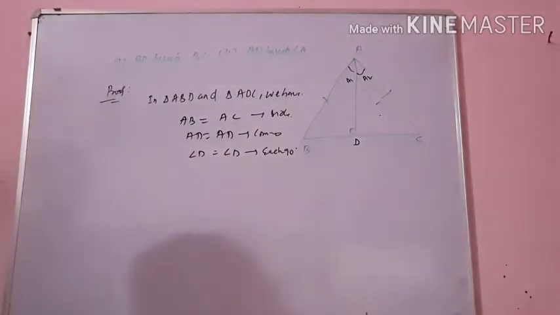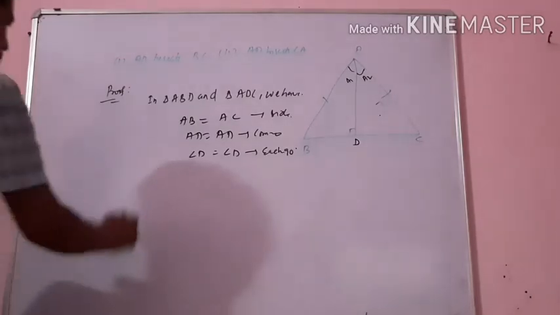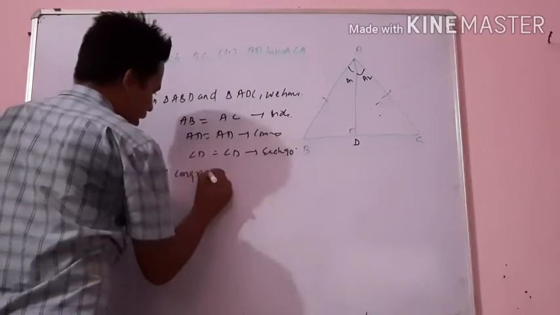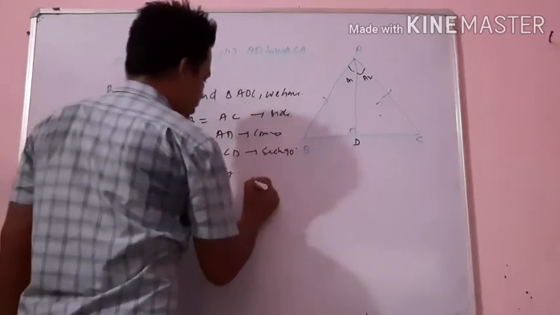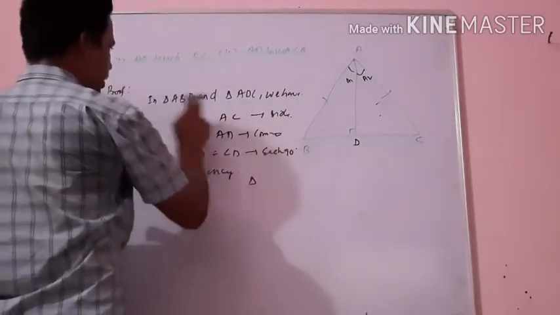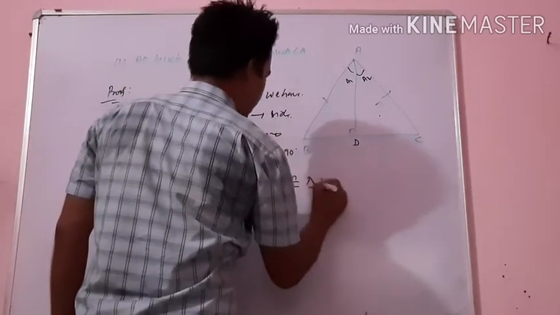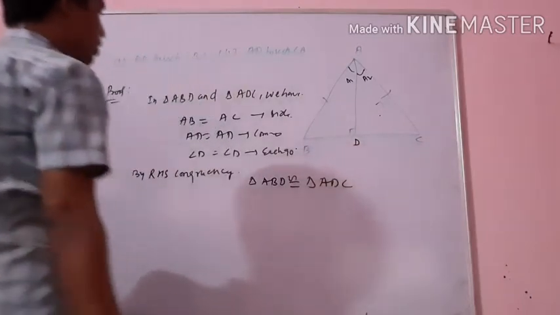So by RHS congruency, triangle ABD is congruent to triangle ADC.